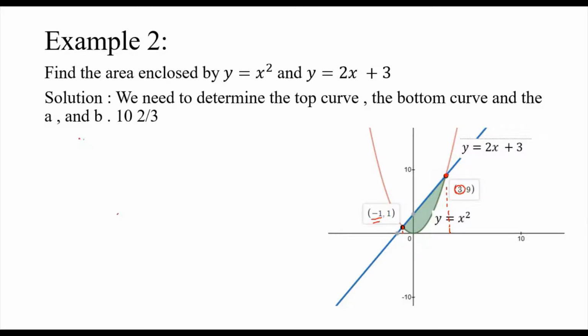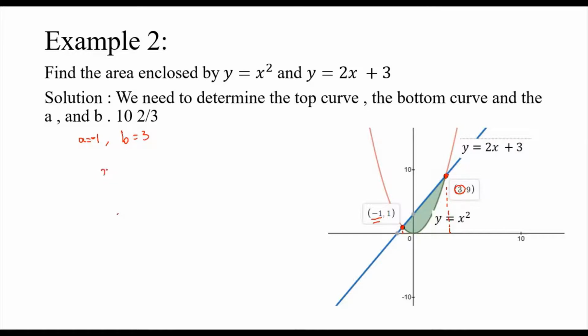So basically a is equal to -1 and b is equal to 3. You can find that algebraically. Notice how when these two graphs intersect, that means they are equal to one another. So to find the intersection points, we put the first graph equal to the second graph and solve.